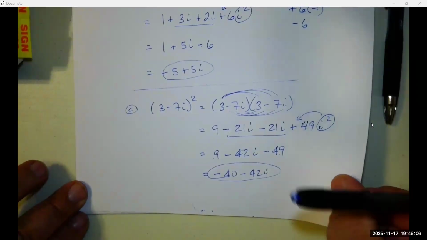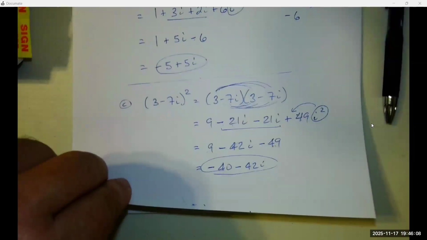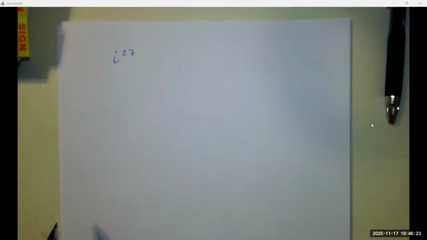All right, so that's multiplying and adding and subtracting. As the rule said, you cannot have exponents on i's. What if you had this, i to the 27th? Let's see how to fix that. We'll try to do this pretty quick. I'm not going to give you the formula. We're going to derive it.